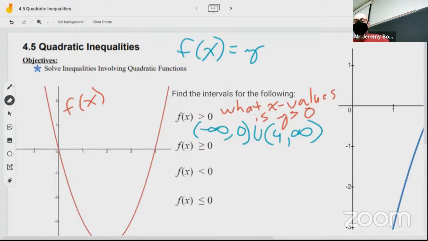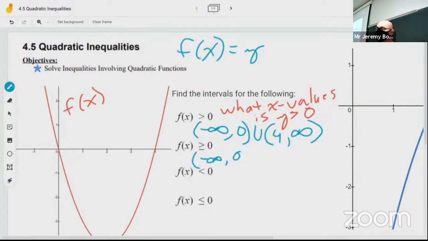What if we wanted to find the intervals where f of x is greater than or equal to 0? What would be my intervals for that? It's the same as here, right? But we just include the equal to. I think you had the right idea, you just maybe said it wrong.